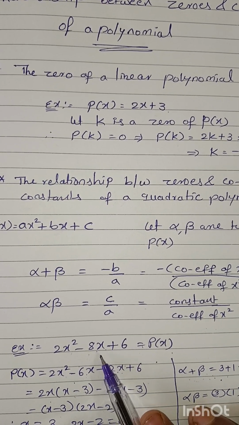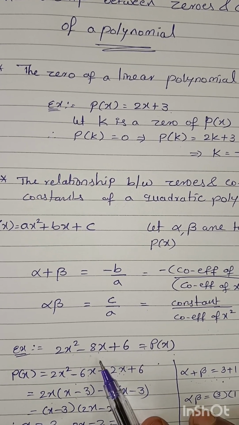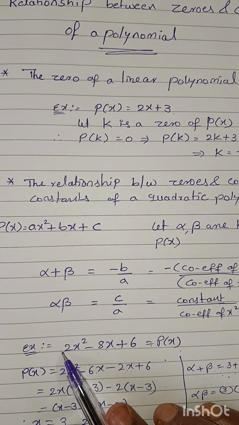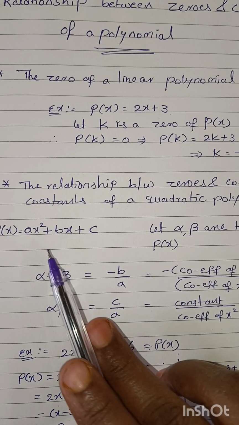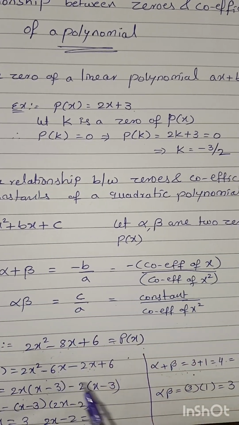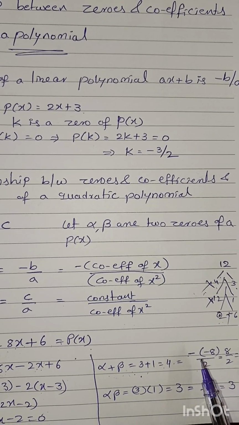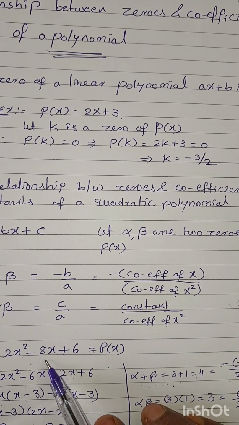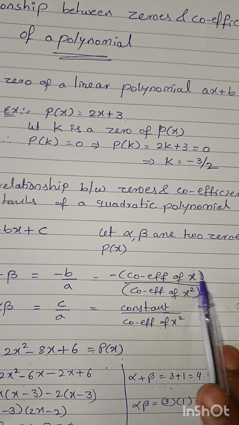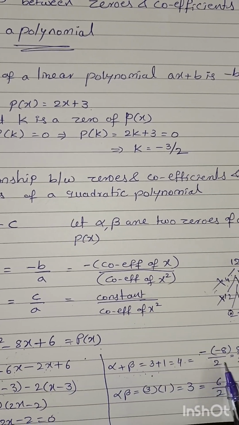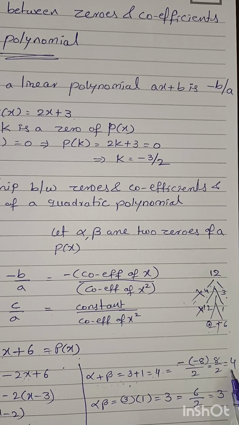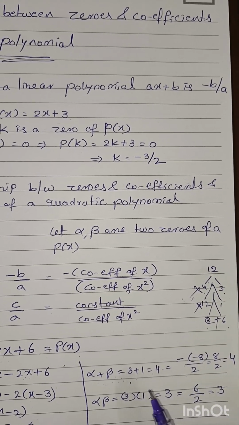So in b place we get the value minus 8, c equal to 6 and a equal to 2. So that is equal to minus of coefficient of x, minus 8, by coefficient of x square, 2. So that is minus into minus, plus 8 by 2, that is equal to 4.